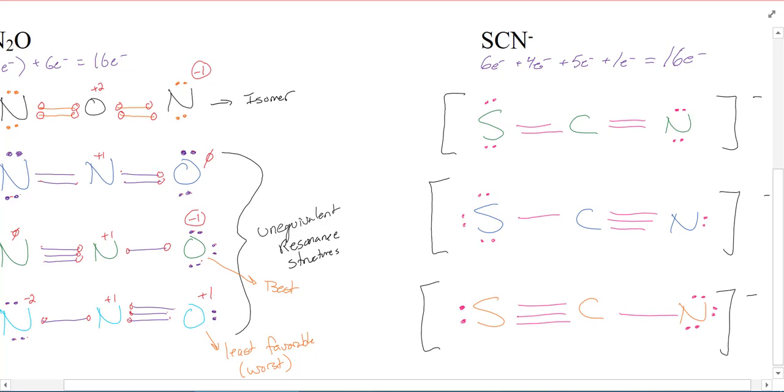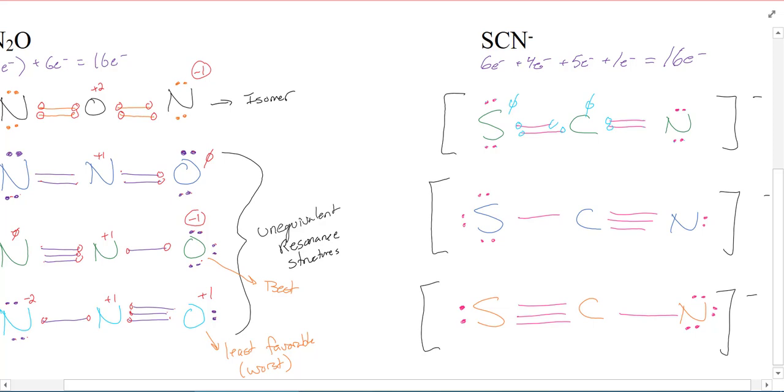All right, let's do formal charge, because that's what's next. Sulfur: 1, 2, 3, 4, 5, 6. It has 6. It brought in 6. No formal charge. Carbon: 1, 2, 3, 4. Has 4, brought in 4. No charge. In fact, that's going to be nice for carbon all the way down. Nitrogen: 1, 2, 3, 4, 5, 6. Nitrogen has 6.